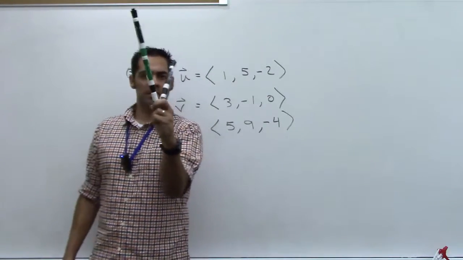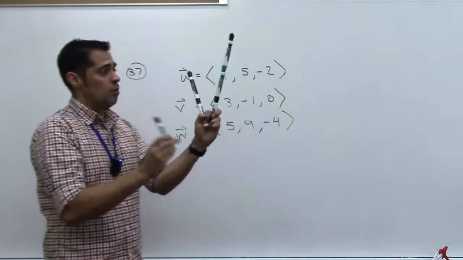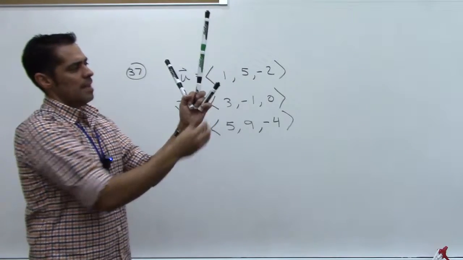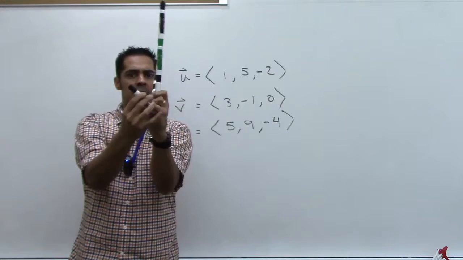I can take these 2, I can twist them to make them fall into one plane. And what I want to show is that this 3rd vector has to also lie in that plane. It's flat, that it can't be coming out.